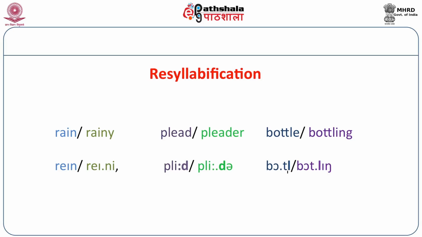Now, apart from the language-specific considerations in syllabification, we also have some universal principles of syllable structure that phonologists have come to find after investigating the various languages around the world.